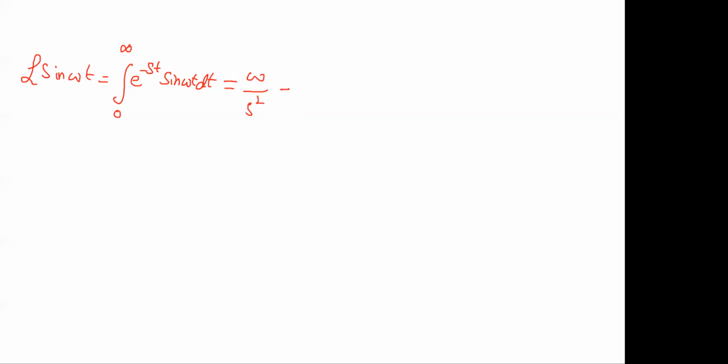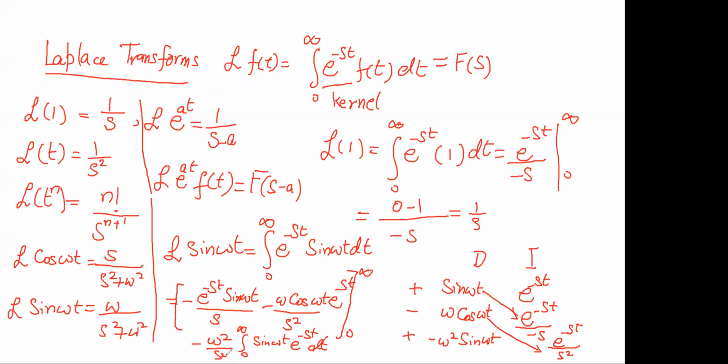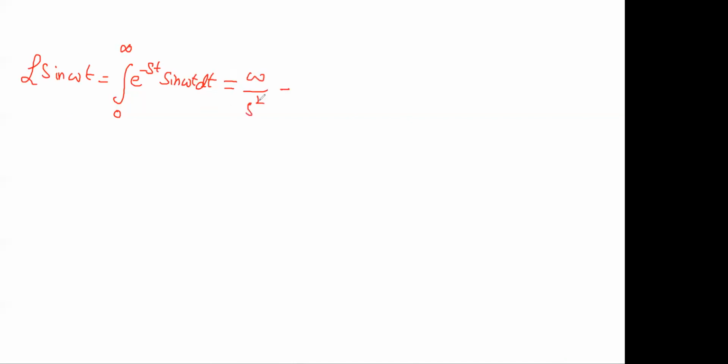And then what did we get from here? This is omega square over s square. Okay, omega square over s square, and then this term, the term over here, which is the same as the term on the left hand side. So here, it is omega square over s square, integral 0 to infinity e power minus st sine omega t dt.